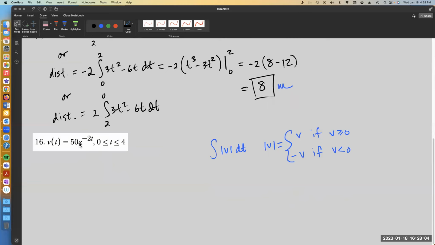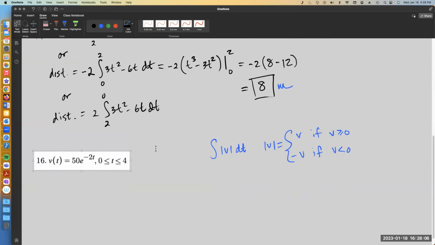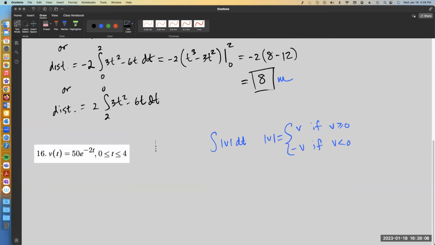So let's take a peek at this one. This one is an exponential function. Let's take a quick peek at the graph. When we plug in t equals 0, we see that e to the 0 is 1, 50 times 1 is 50. So we're up here at 50 when t is 0.